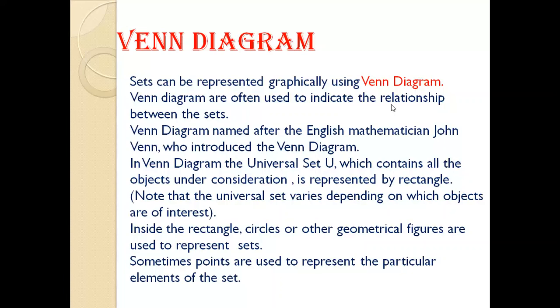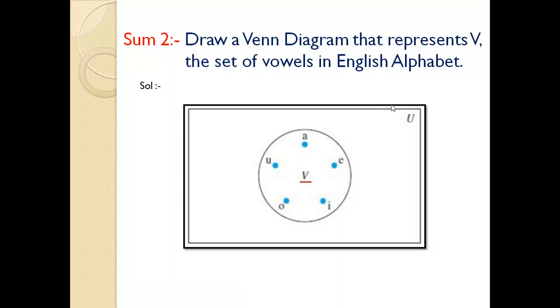Inside the rectangle we represent sets by geometrical figures like circles or triangles. And inside the circle, we take points to represent the elements of the set. Now we see one sum for better understanding.